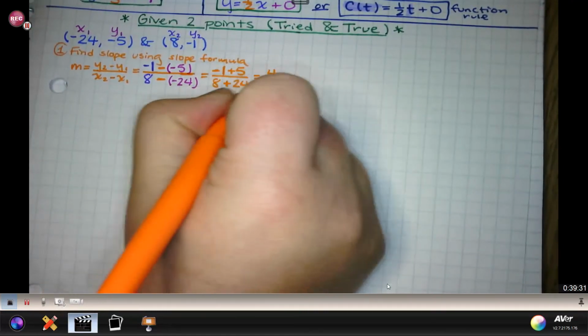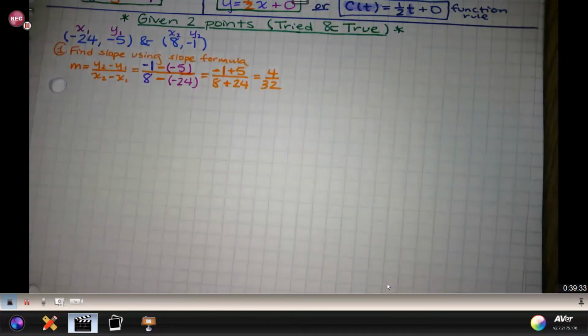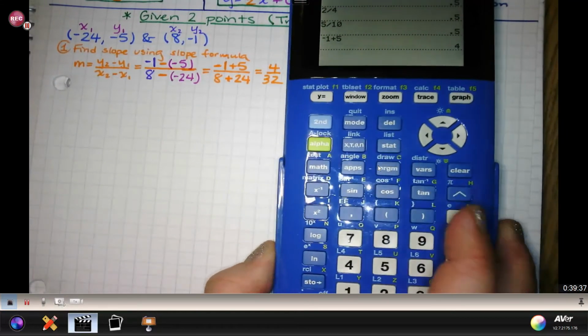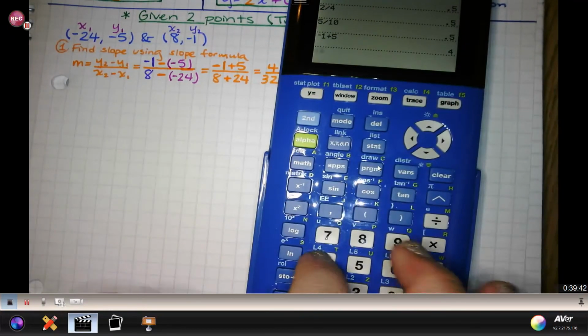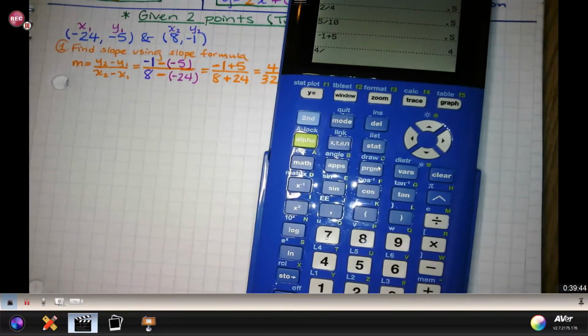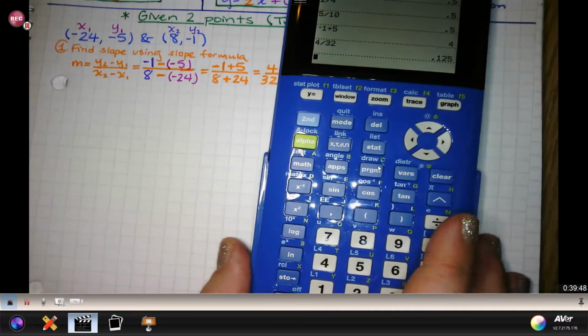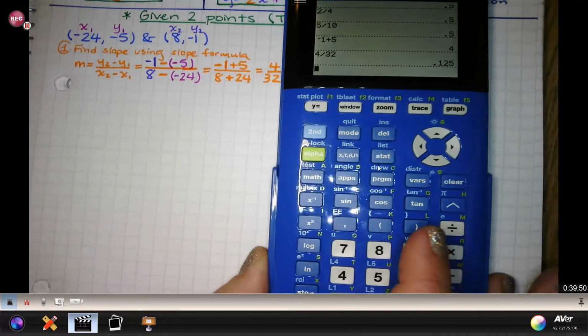And then 8 plus 24 is 32. Now, this can actually reduce. Again, we're not going to spend too much time focusing on reducing in your head. If you can, great. But again, the calculator will do it for you. So you do 4 divided by 32, and oh no, that gave me a decimal.